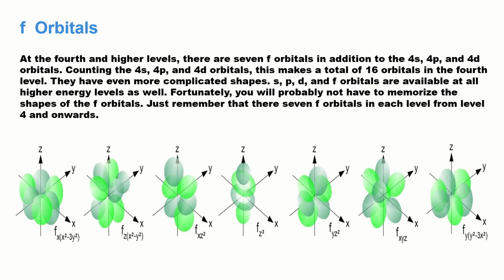They have even more complicated shapes. s, p, d, and f orbitals are available at all higher energy levels as well. Fortunately, you will probably not have to memorize the shapes of the f orbitals. Just remember that there are 7 orbitals in each level from level 4 onwards.